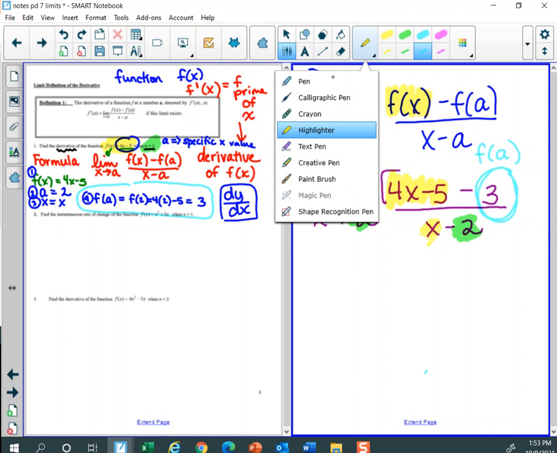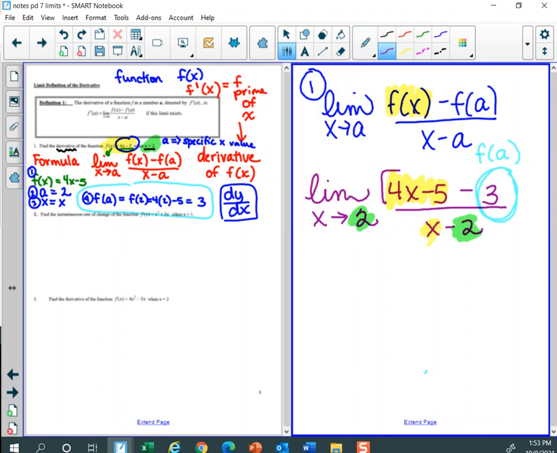Okay. So now what's going to happen next is that I'm going to be able to simplify a little bit, in most cases. In this case, the 4x minus 5 minus 3, I'll be able to write as 4x minus 8.